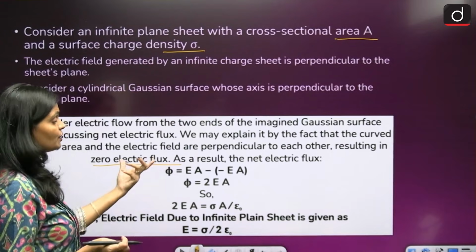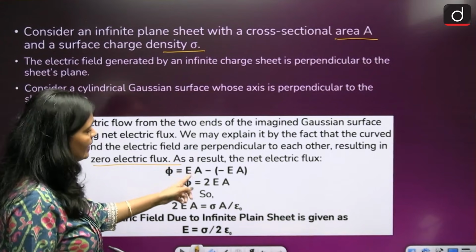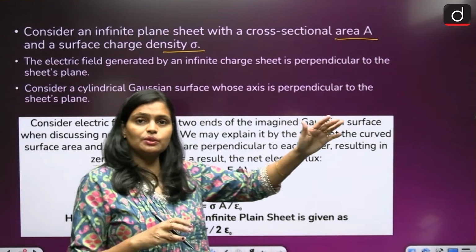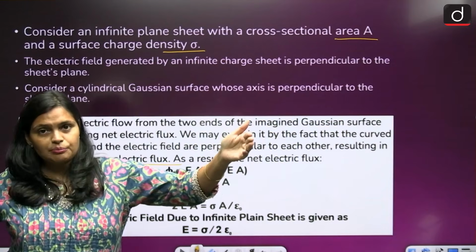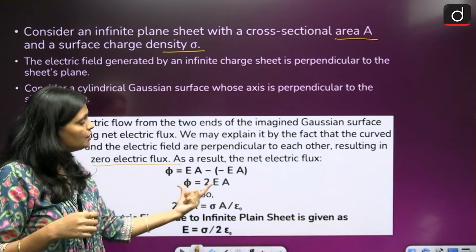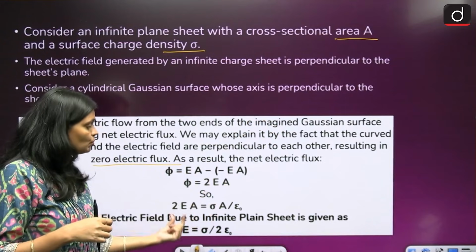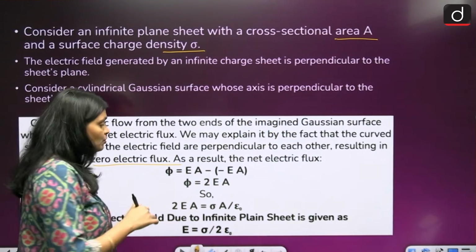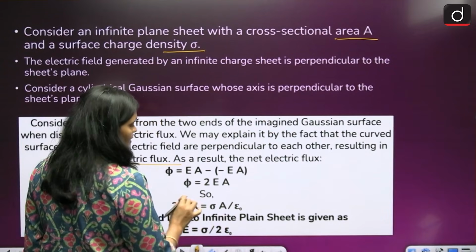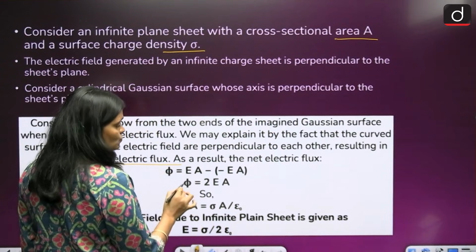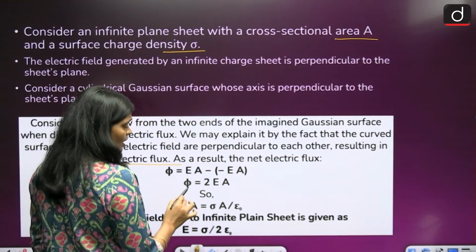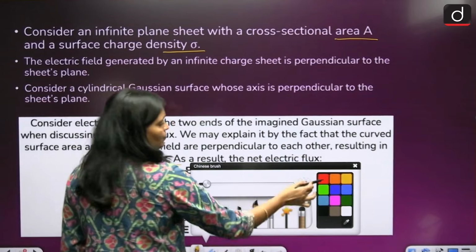The net electric flux is EA minus EA. एक उस डायरेक्शन में भी जाएगा और एक बैक डायरेक्शन में भी जाएगा, राइट? So here you have 2EA. So 2EA is equal to sigma A by epsilon naught. तो बस यहाँ पे यही चीज आपको याद रखनी है कि here the flux is 2E into A. Now in place of flux, what you can write down?